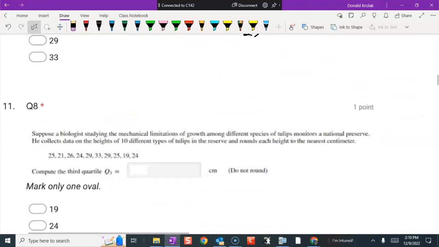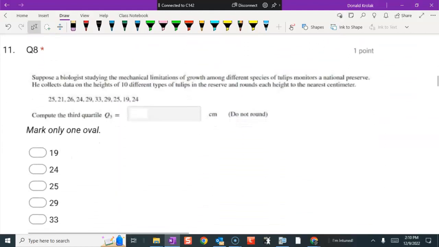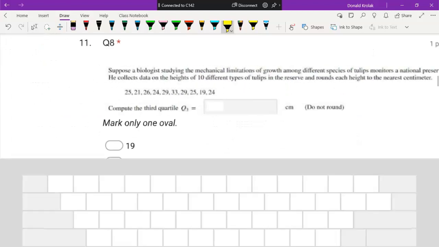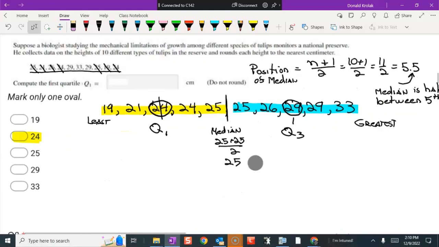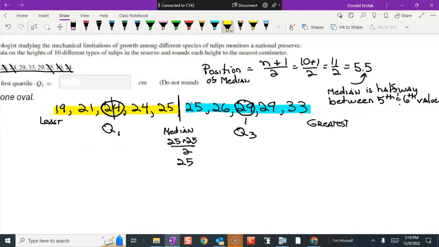Okay, the next one is the same data, find the upper quartile, Q3. So we did that already up here. It would be the middle of the upper half of the data, which is 29.